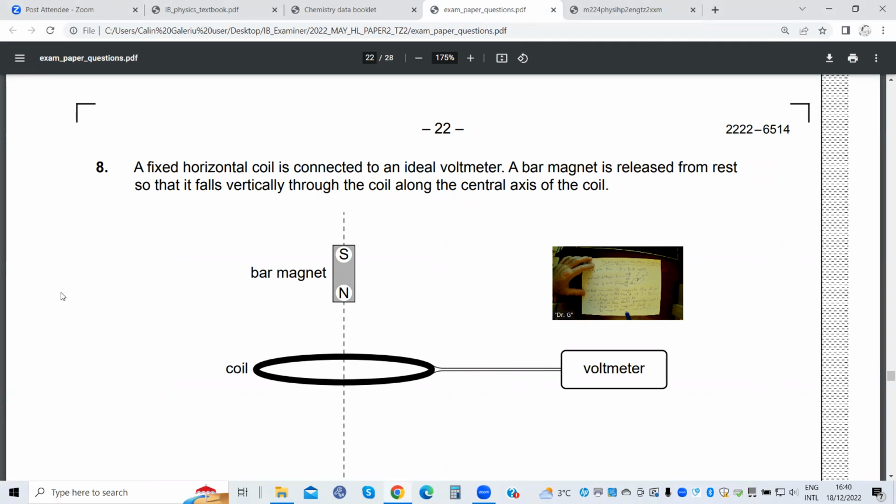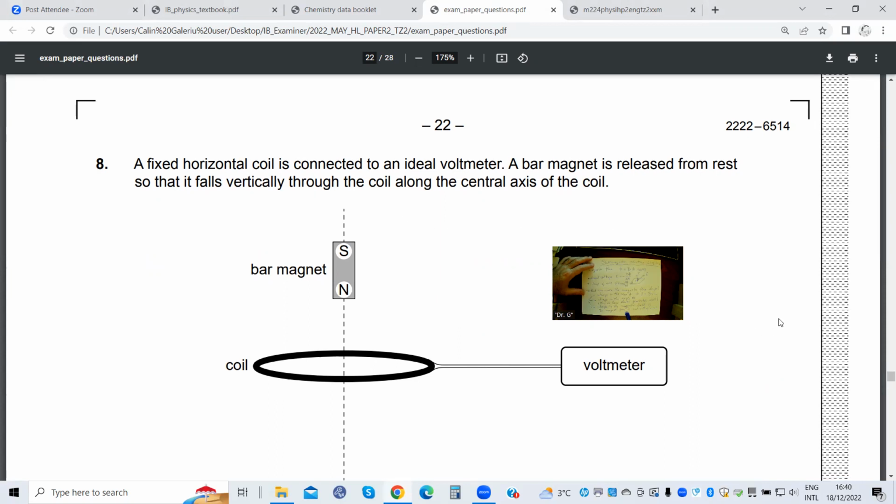A fixed horizontal coil is connected to an ideal voltmeter. A bar magnet is released from rest so that it falls vertically through the coil along the central axis of the coil.